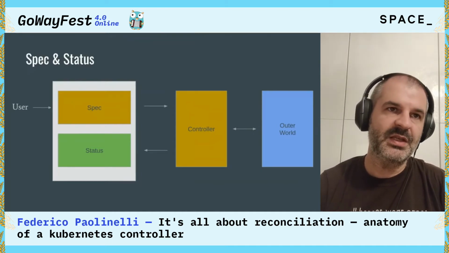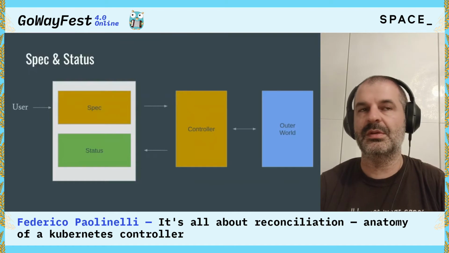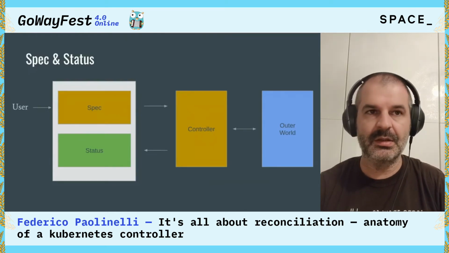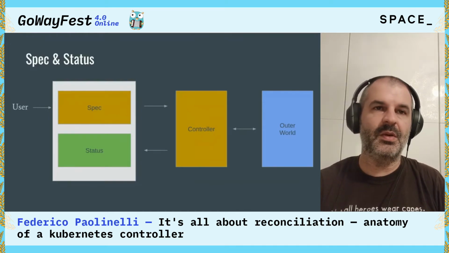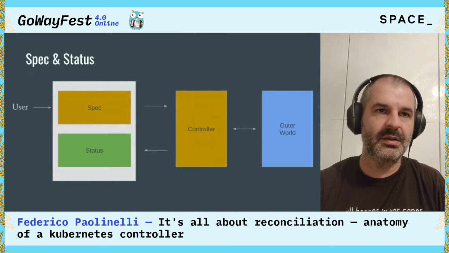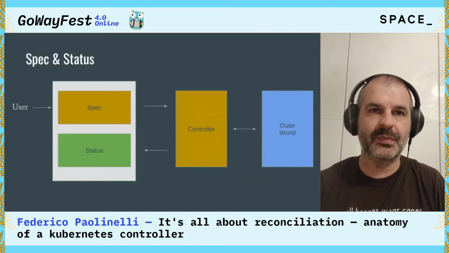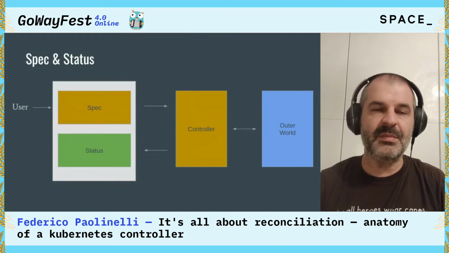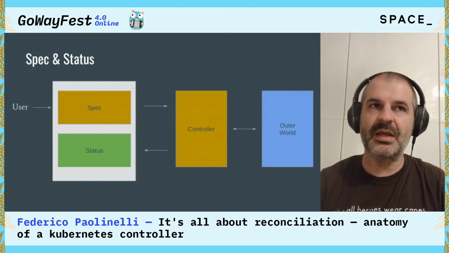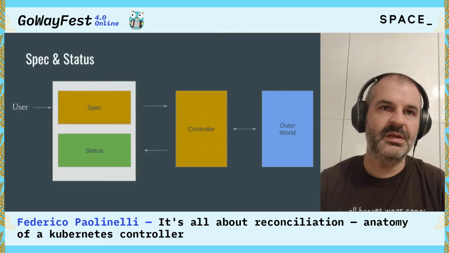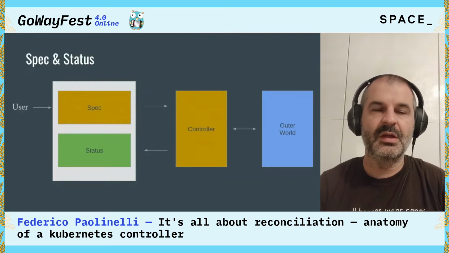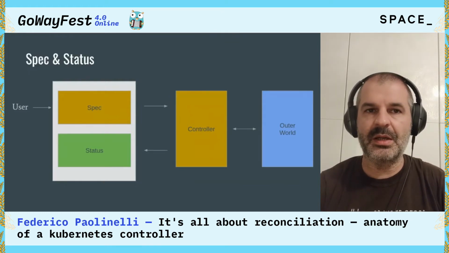So spec is for the user to ask for a desired state, and status is the way the controller reports back what is happening on the other side. And the other side can be something in the cluster, like other resources like pods for the replica set, or something completely outside the cluster, some IoT or your fridge, something like that.